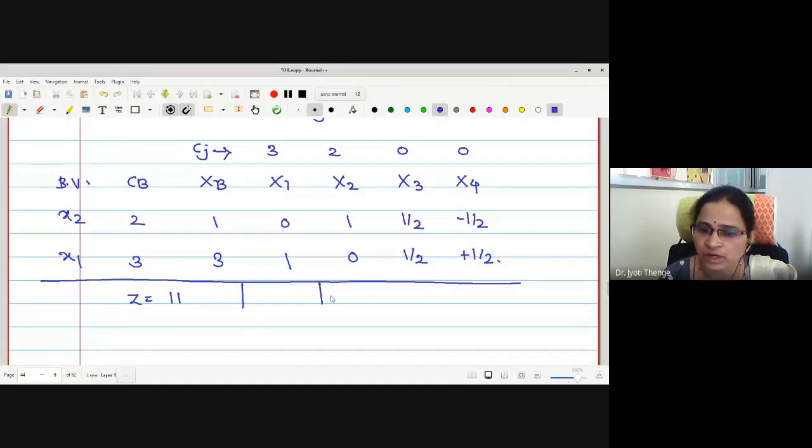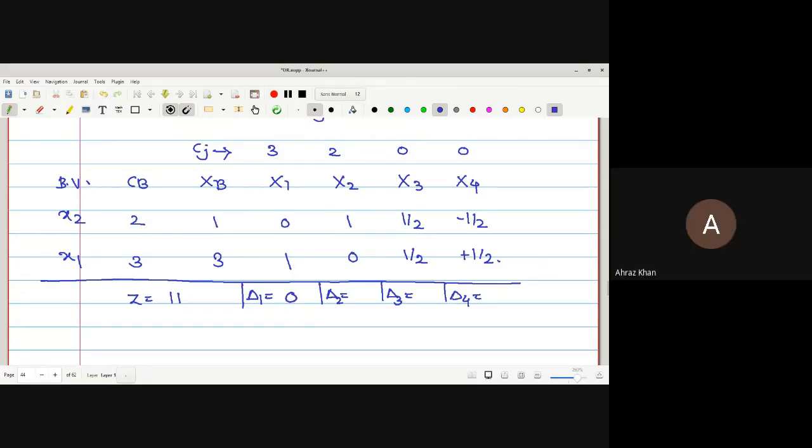Now I will calculate all the delta entries. What is delta entry? Delta 1, delta 2, delta 3 and delta 4. What is delta 1 entry? CBX1 minus C1.